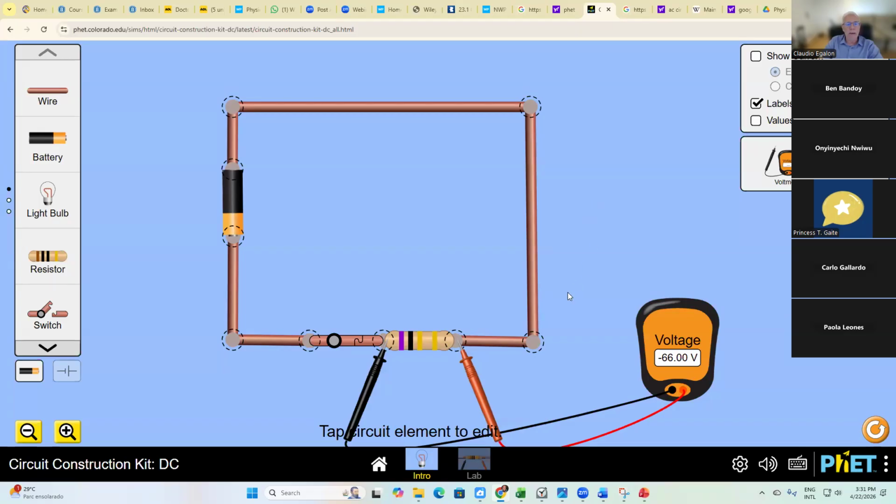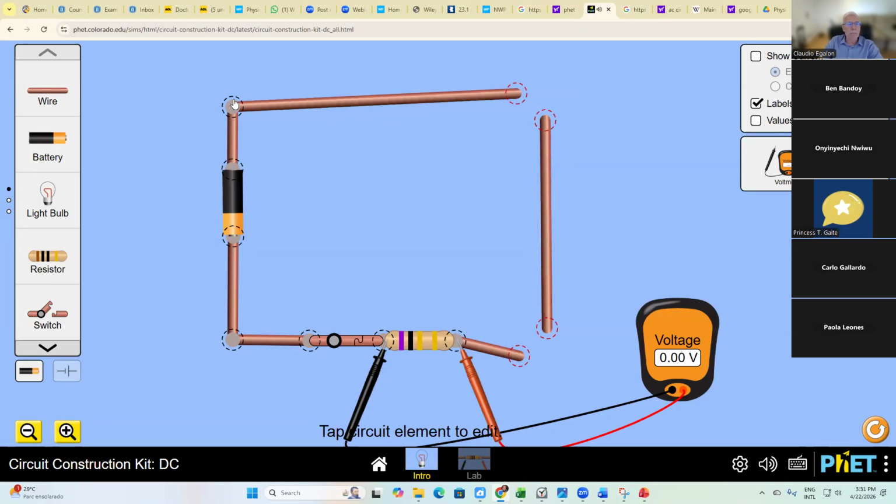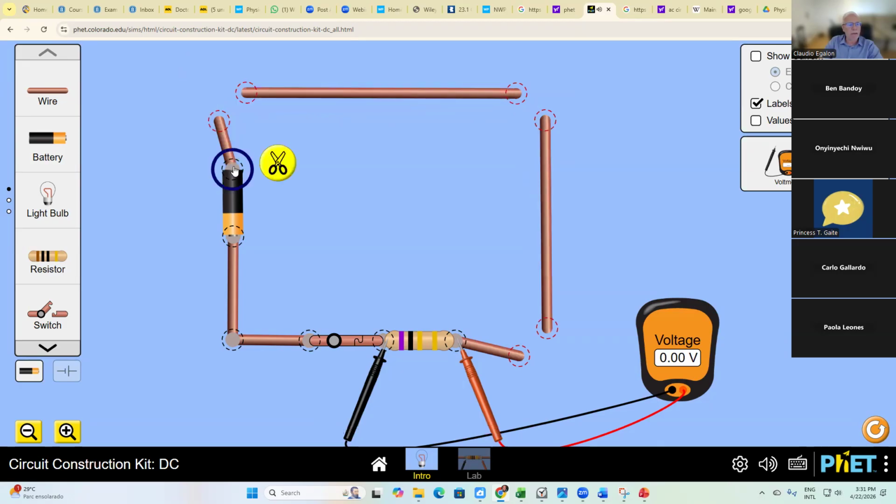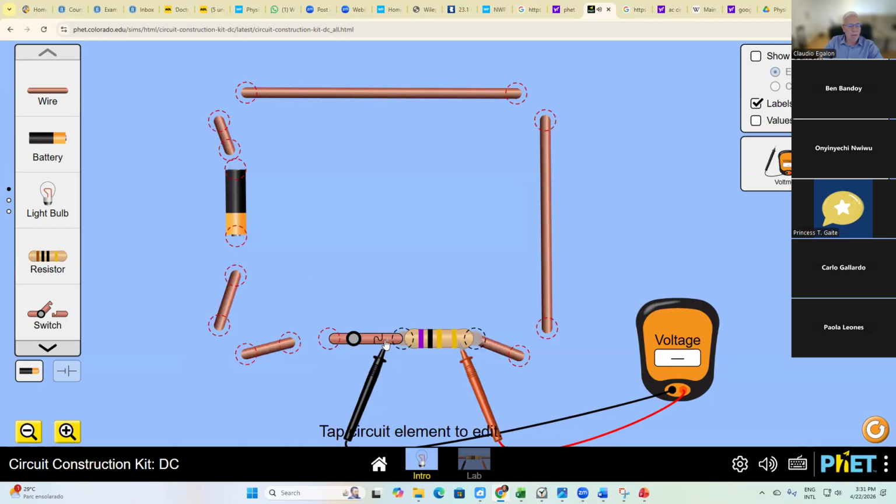This one right here. I'm going to pull it apart and put it together all over again in case you missed what I did initially. You already have the link for this simulation.